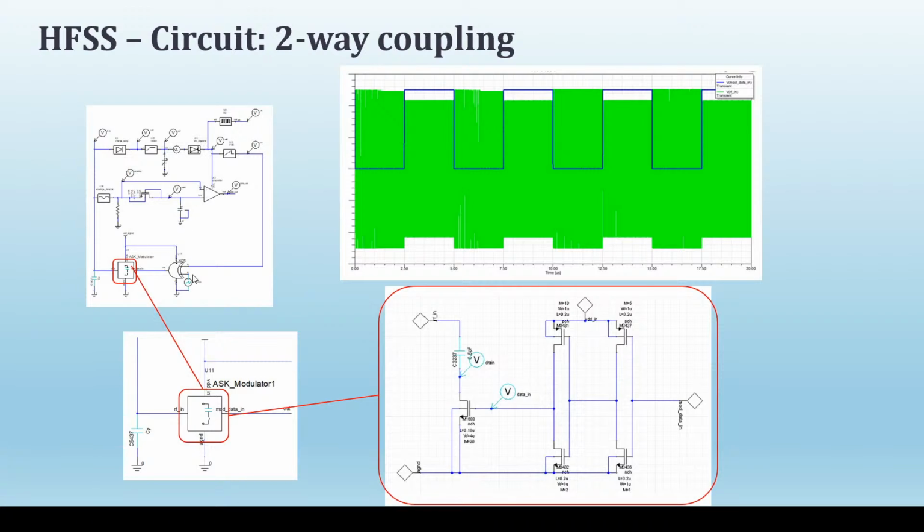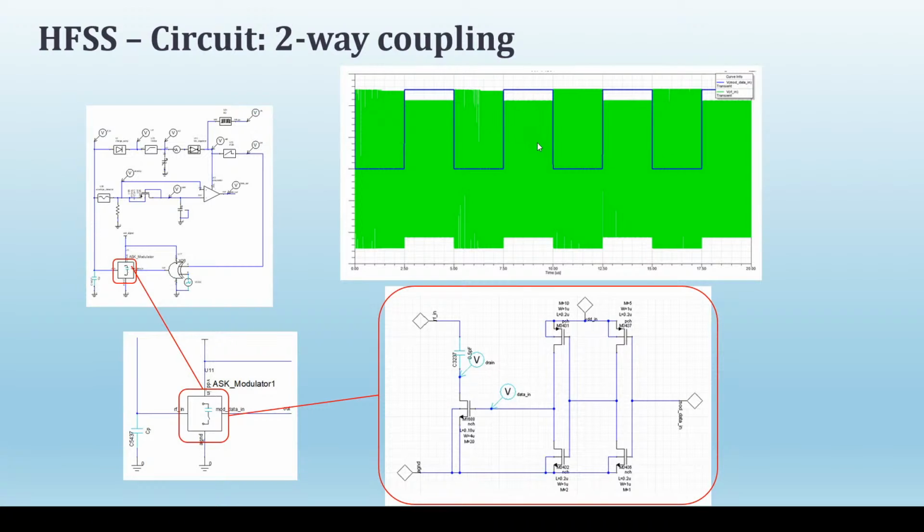For the backscatter modulator, it is this small part. On the circuit schematic here, you can see there are 4 transistors, and these 4 transistors form a buffer to drive the switch that turns the capacitor here on and off.